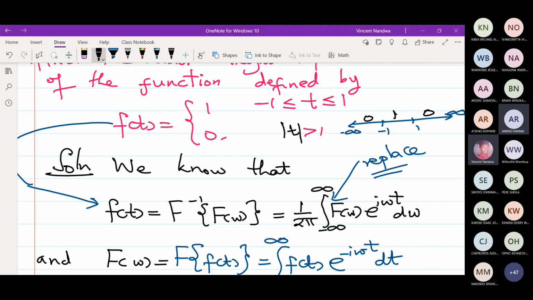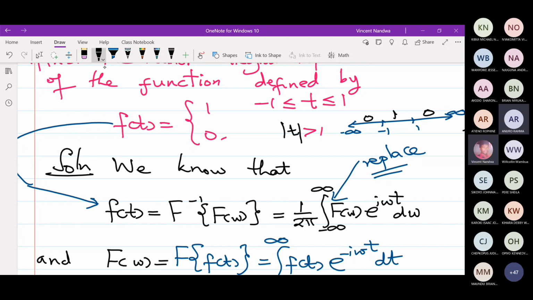But we don't have to struggle with the integrals from minus infinity to minus 1 and 1 to infinity, because the value of the function is 0. When we multiply that 0 by the kernel e raised power minus I omega t, the integrand becomes 0, so the value of the integral will be 0.